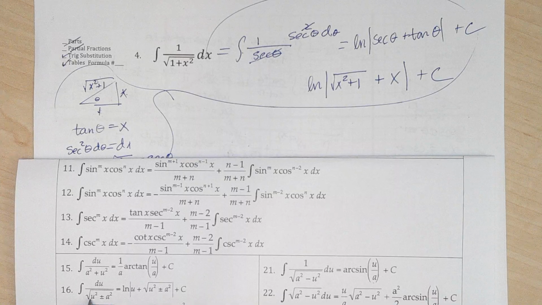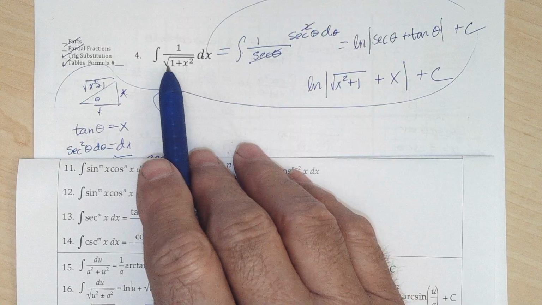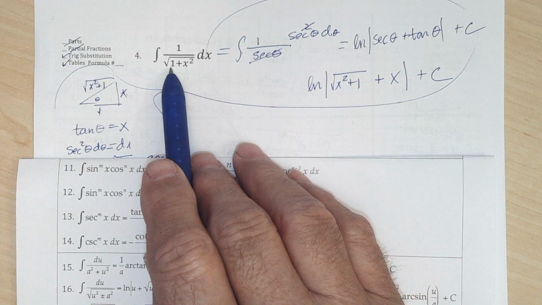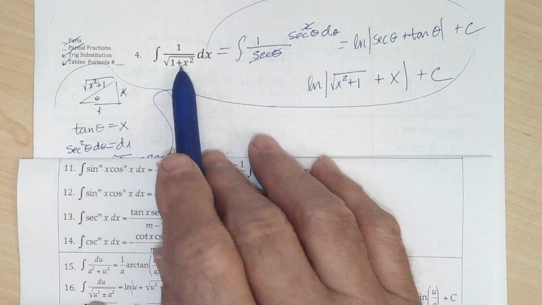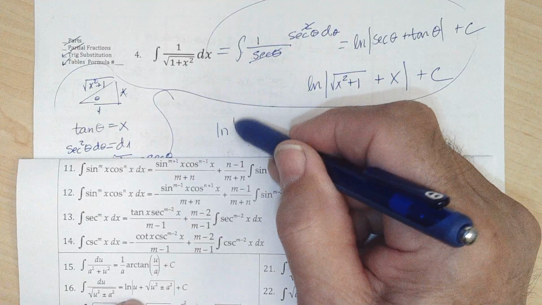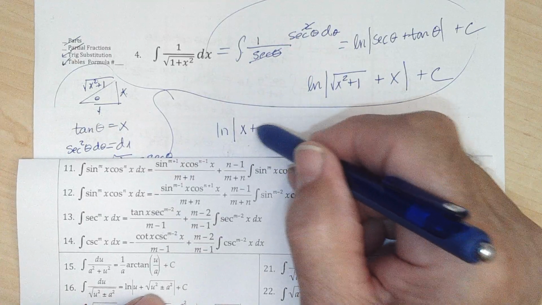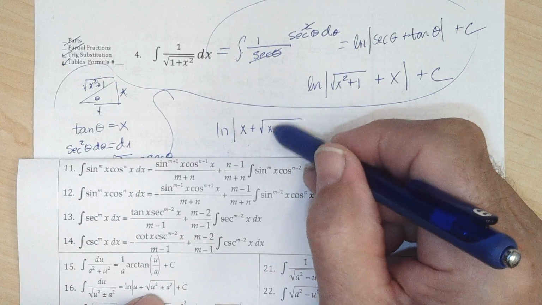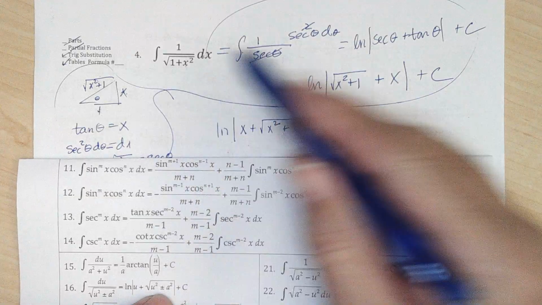16 says u squared plus a squared. We have x squared plus 1 squared, and in a square root with no other letters around, so it's just going to be ln of u plus the square root of x squared plus a squared, which is 1.